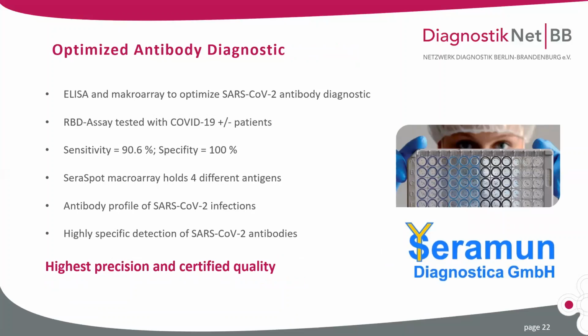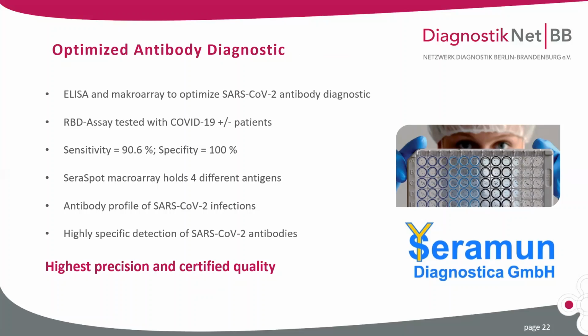Seramoon is a trusted company since long for the manufacturing, providing, and distributing of ELISA and microarrays to optimize here specifically the SARS-CoV-2 antibody diagnostics. There is a test for the receptor binding domain tested with SARS-CoV-2 positive and negative patients available.